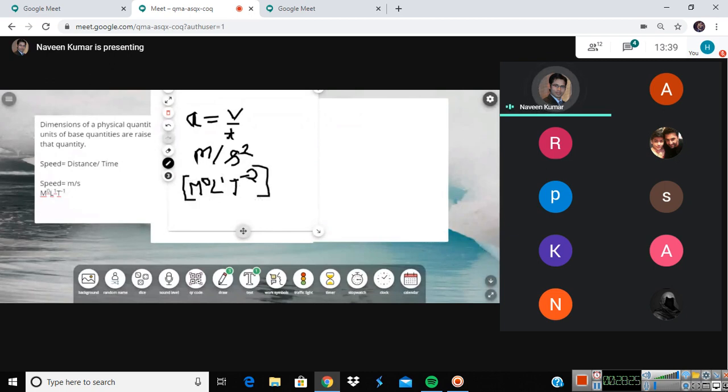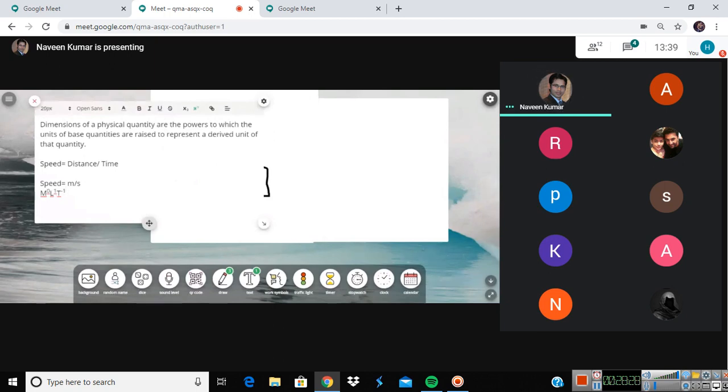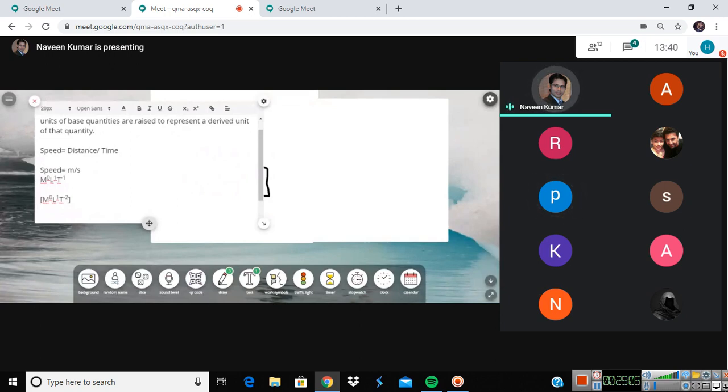This is M raised to power 0, L raised to power 1, and T raised to power minus 2. Got it? So this is the dimensional formula of acceleration. Similarly, we can write the dimensional formula of force.